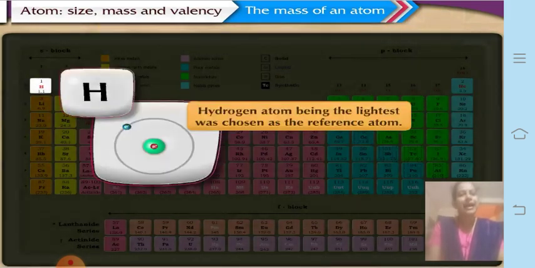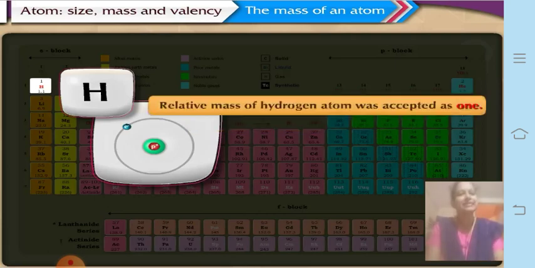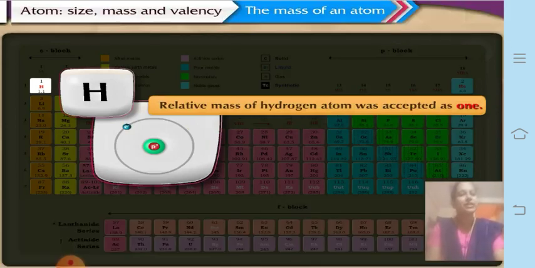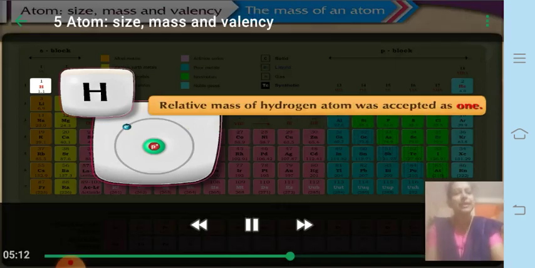For example, hydrogen atom being the lightest was chosen as the reference atom. Now since hydrogen has 1 proton, it was considered as the standard atom for measuring the masses of the other different elements. So relative mass of hydrogen atom was accepted as 1.